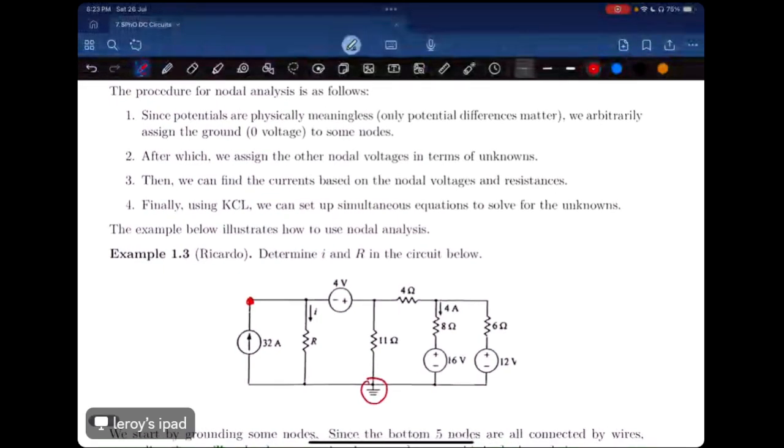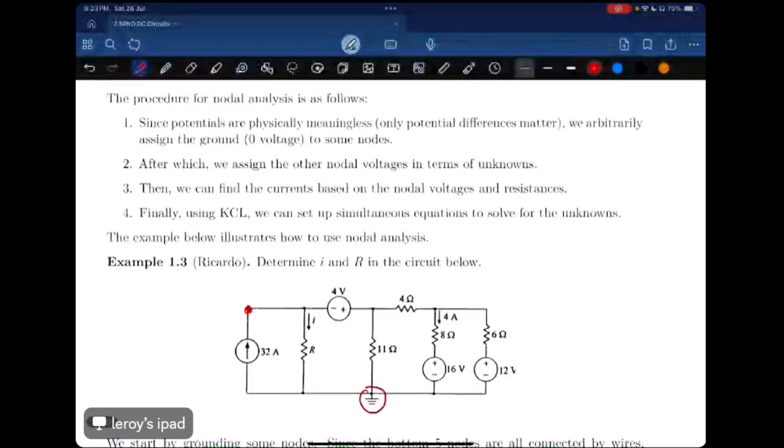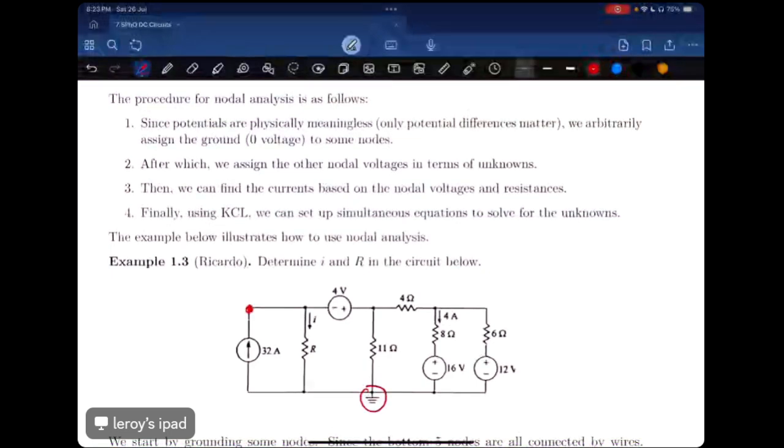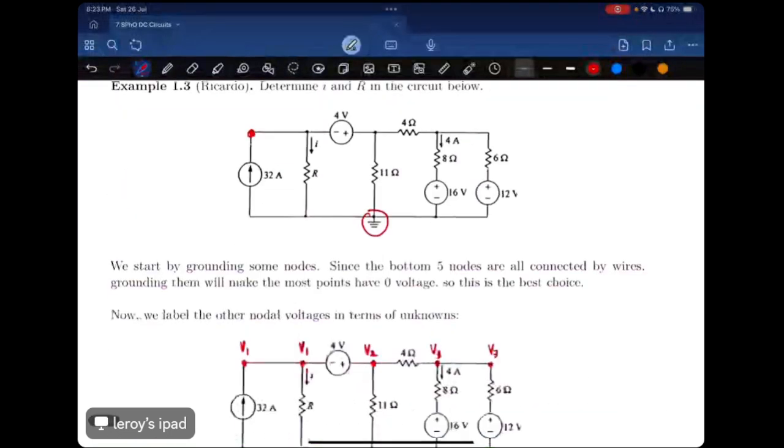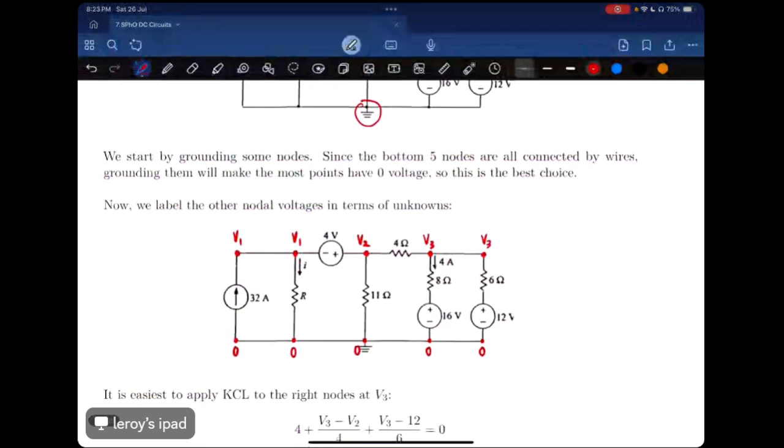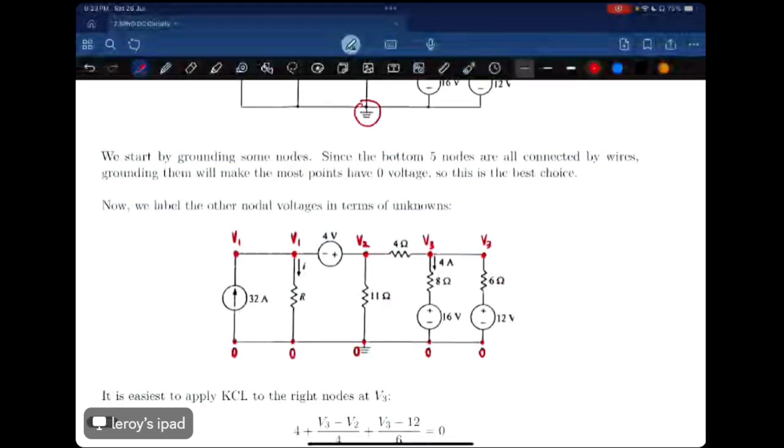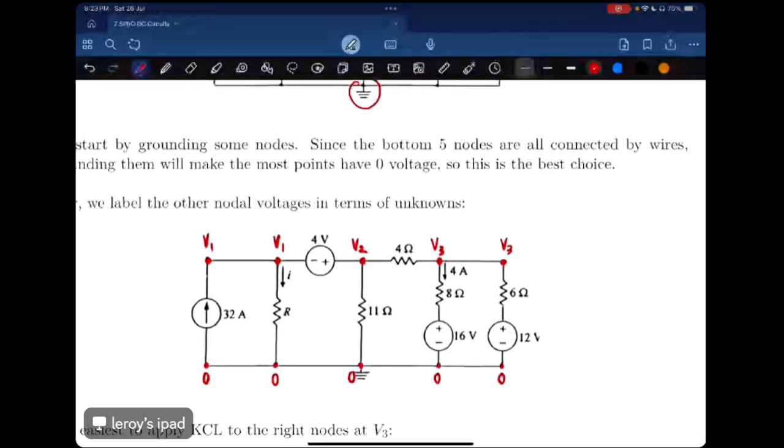Once you set some nodes to be grounded, you can assign other nodal voltages to other points. These are your unknowns in this case. Here you can see that all the nodes below are zero, and we assign the unknowns V1, V2, and so on, as many unknowns as we need.